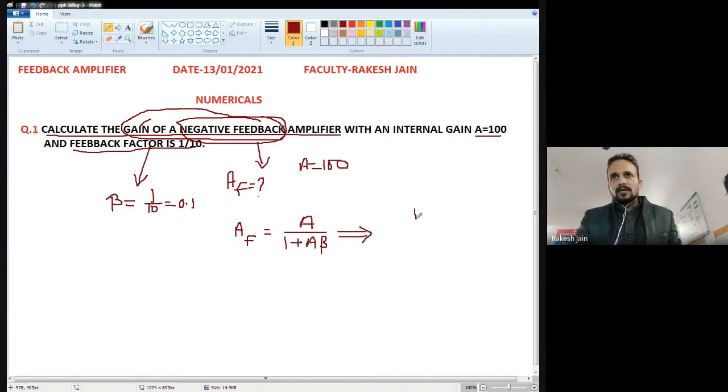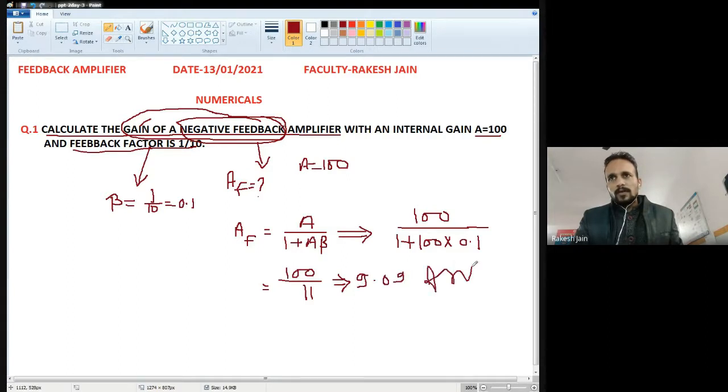A is 100, so it is 100 divided by 1 plus A beta, A is 100 multiplied by beta, beta is 0.1. 100 times 0.1 means only 10 remains. So it will be equal to 100 divided by 11, which is approximately 9.09. So this will be my answer.